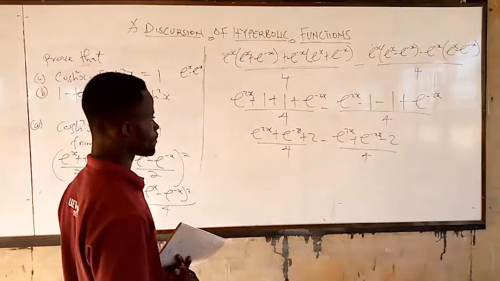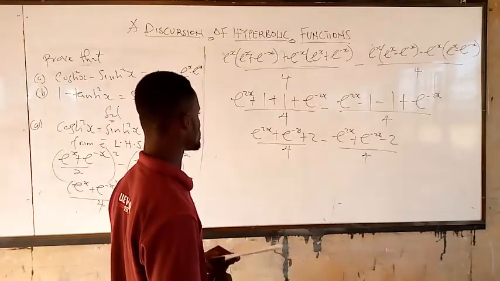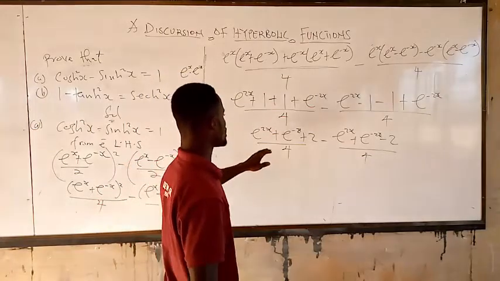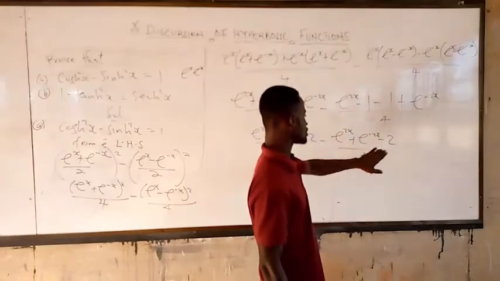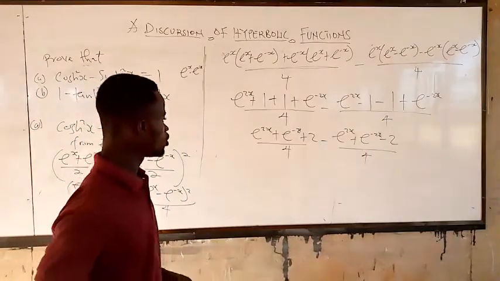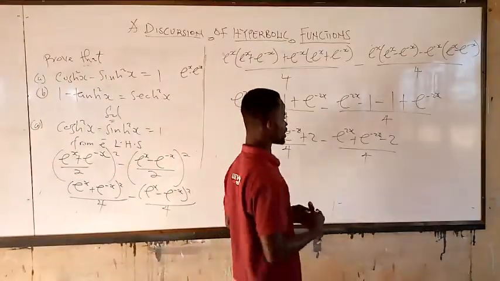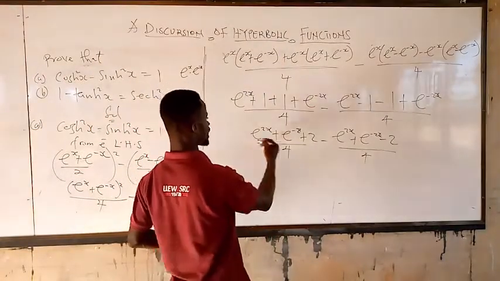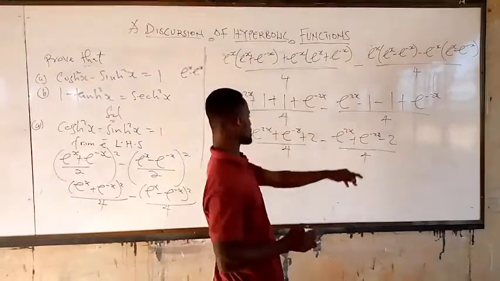Alright, so now let's see what we are going to get. You can see that all that we have here is the same as all that we have here. I hope you can see that. So what we combine is we have the same denominator, so we can add this, and the negative will spread inside.